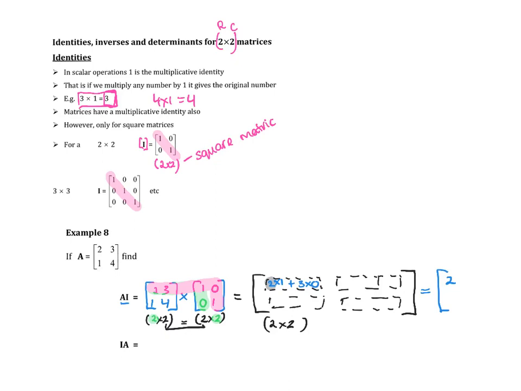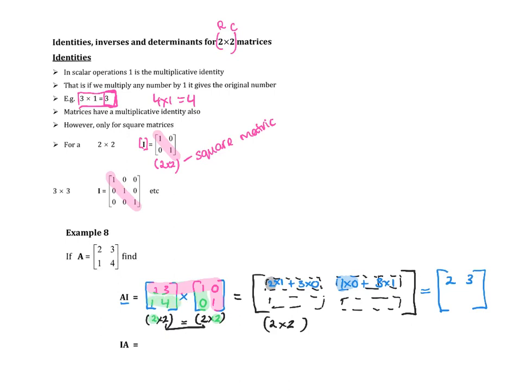That one would be 1 times 0 plus 3 times 1. So that would be 0 plus 3. That gives 3.